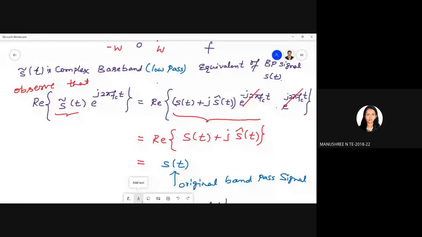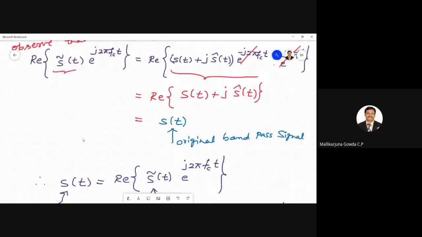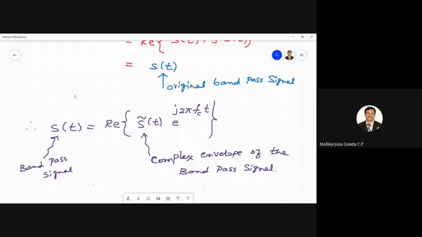Yes. So I said S of t is our band pass signal, which is equal to this. So S tilde of t is the complex envelope of the band pass signal. So therefore, what I can say is the complex envelope, right? The complex envelope S tilde of t of the band pass signal S of t is the what? Complex low pass signal.